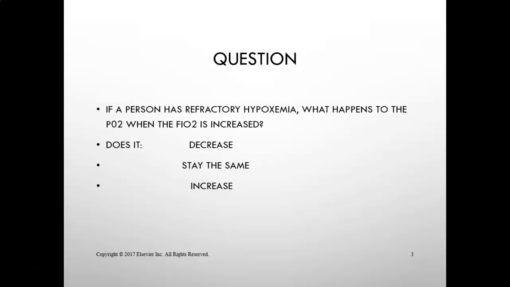If a person has refractory hypoxemia, what happens to his PO2, so his arterial blood oxygen, when I turn up the FiO2? So if you answered stays the same, then you would be correct. That is the definition of refractory hypoxemia, that even when you increase the FiO2, the PaO2 does not increase as you would expect it.